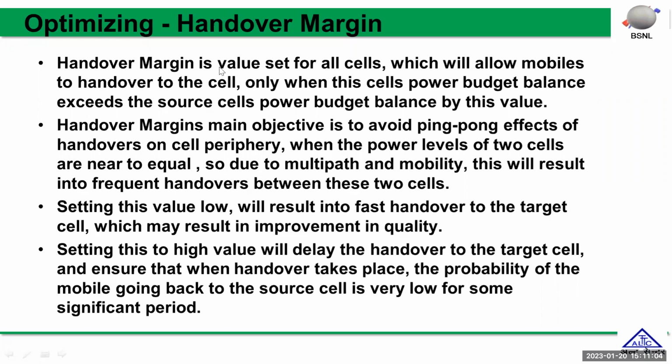By changing the handover margin, we can also optimize the cell load between C1, C2 and C3. The handover margin's main objective is to avoid the ping pong effect of handover on the cell periphery when the power levels of the two cells are near equal. Due to multipath and mobility, this will result in frequent handovers between these two cells. In that scenario, we can change the handover margin so that the frequent handover does not take place.